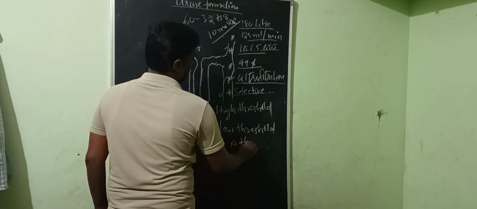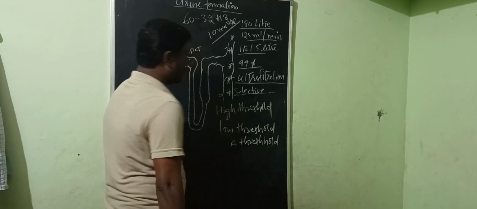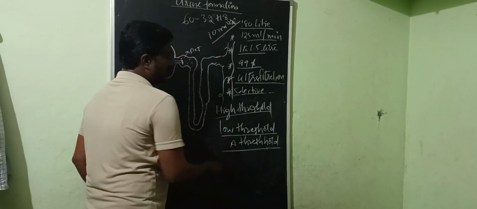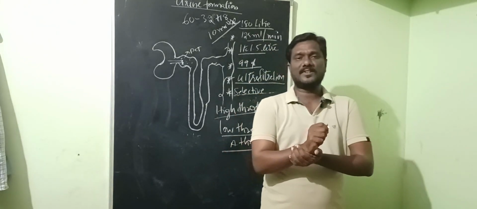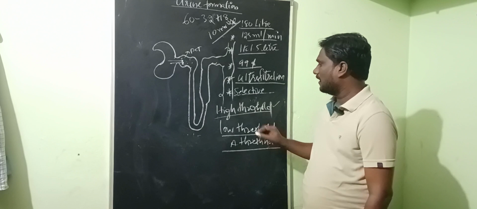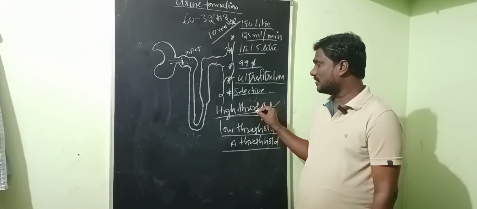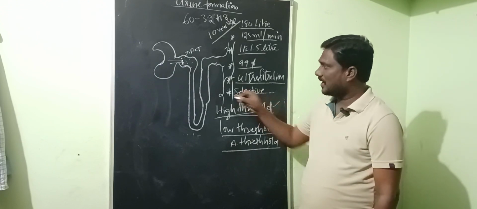Depending on these, we know which substances must be reabsorbed. High threshold substances have to be reabsorbed compulsorily, actively or passively, by the renal tubule.